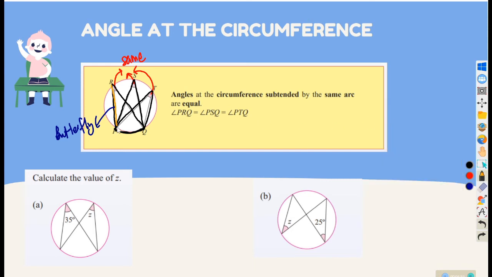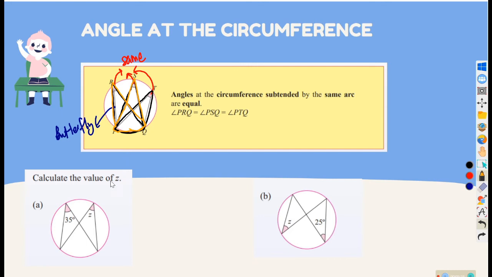You can see here is the butterfly. When you see the butterfly shape here, the angles at the circumference are the same.